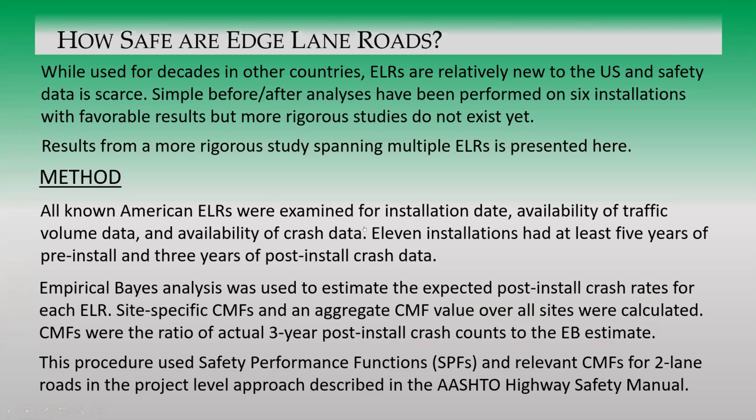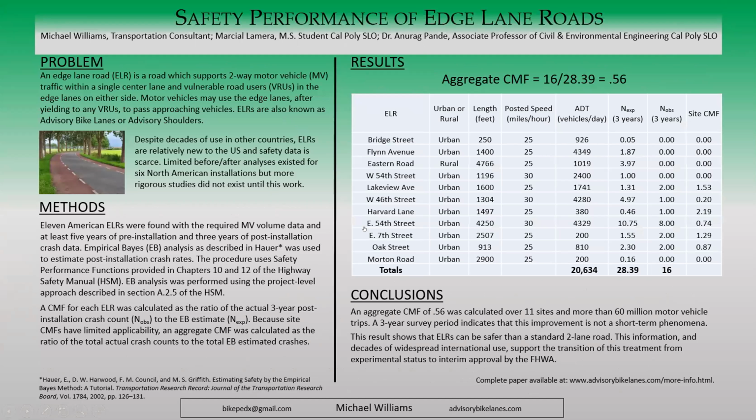So when that video played on my screen, the resolution of some of the text wasn't very good, but here is the poster again in a little more readable format. Again, the key is the aggregate CMF over the 11 sites and the 60 million trips. So it looks pretty impressive.